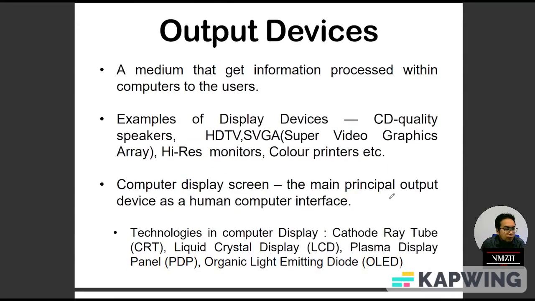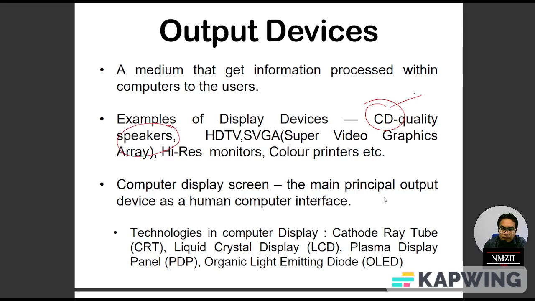So speaking of the output, we have the medium that gets information processed within the computer out from the computer to a specific device. We did discuss the CD just now. Speaker.